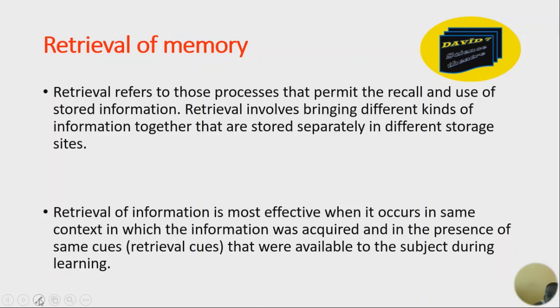If the cues you used to learn are available, retrieval occurs easier and faster. Here you can note the deja vu phenomenon. You can research it, but it basically shows that providing the cues makes retrieval faster.